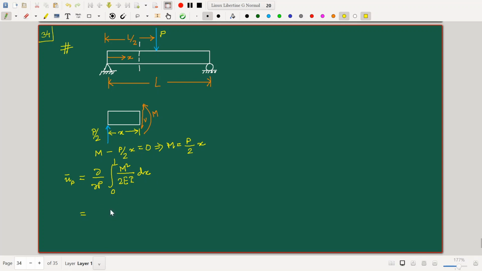What we can do here is note that this integral from 0 to L can be rewritten, exploiting the symmetry of the problem, as twice the integral from 0 to L by 2.